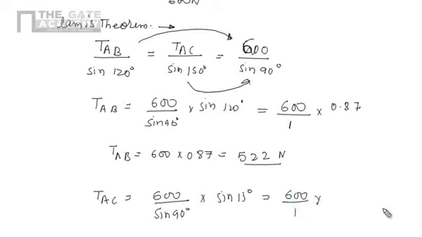Sine 90 is 1 and sine 150 degrees is 0.5, so we get the value of 300 Newton. In this way, we can easily find the values of TAB and TAC. The correct answer is TAB 522 and TAC 300 Newton.